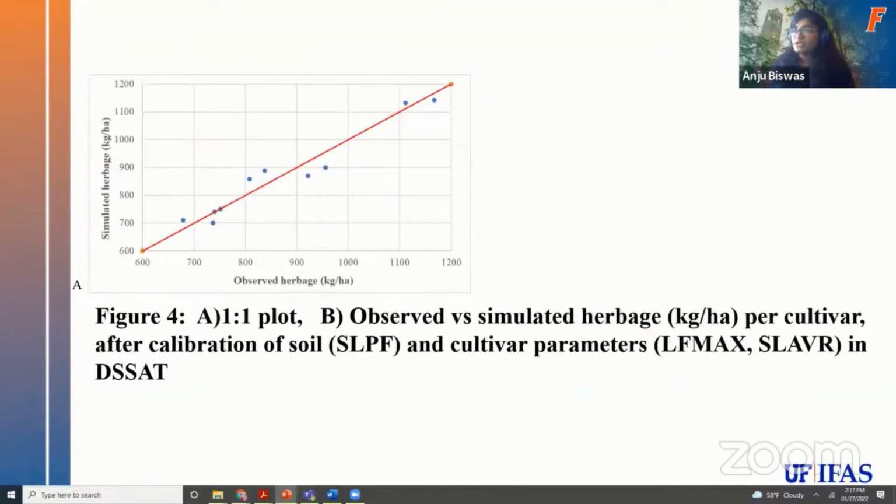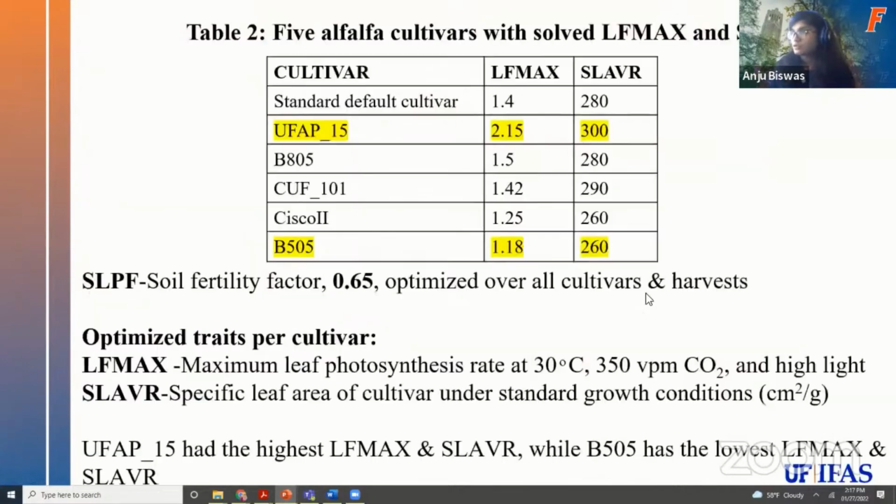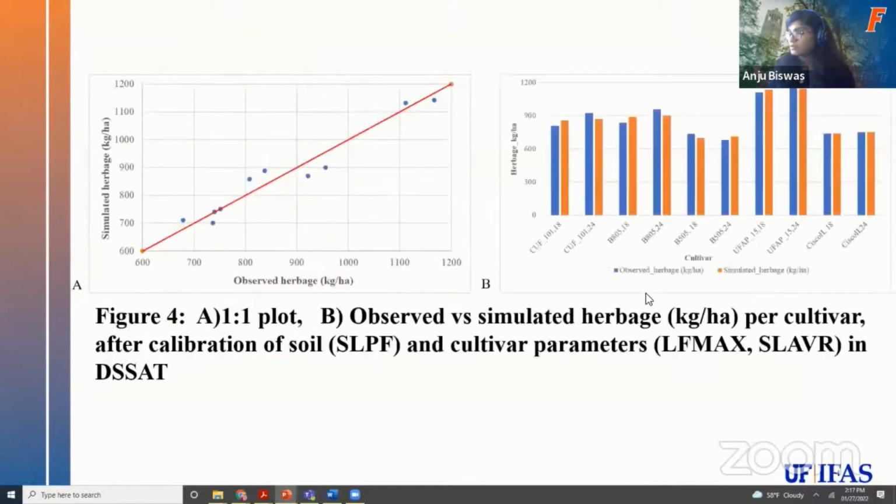So here is another representation of observed harvest versus simulated harvest in a 1-to-1 plot, and we also have observed versus simulated harvest per cultivar after calibrating the soil file as well as the 2 cultivar parameters. So you can see again, AP15 after calibrating all those parameters is producing the highest compared to all other cultivars.